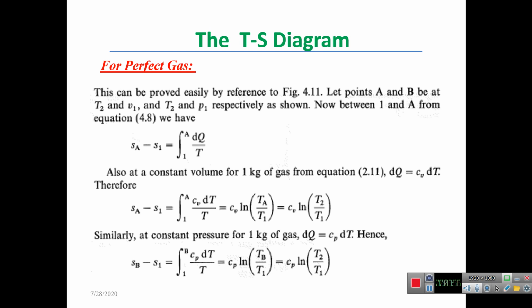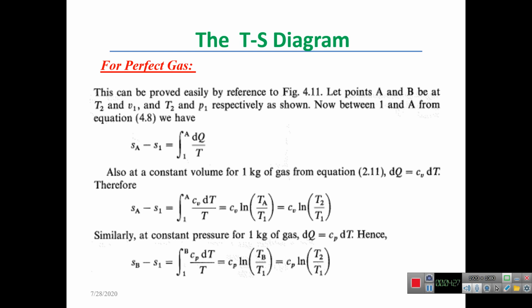Also, at constant volume for 1 kilogram of gas, we have shown that dq equals CV dT. At constant volume, CV is what we usually refer to as the specific heat at constant volume, which is the الحرارة النوعية عند ثبوت الحجم.